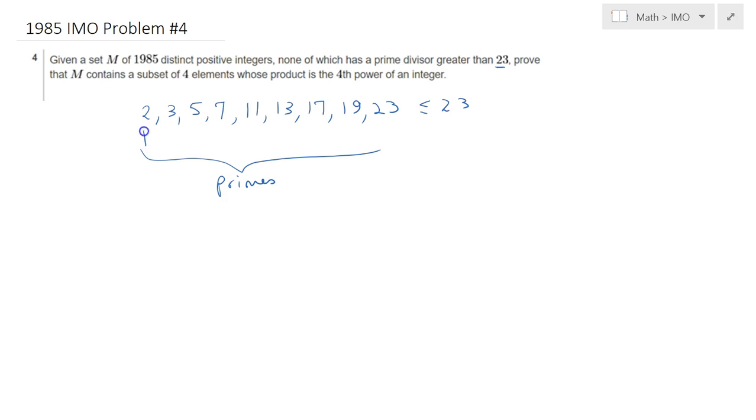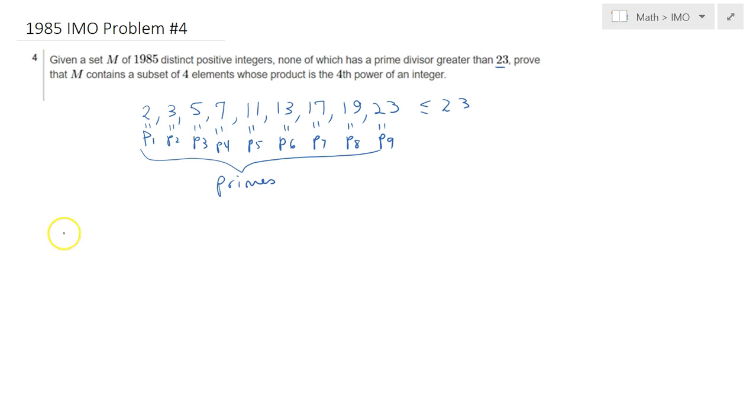In fact, I will just represent them as p sub 1, p sub 2, p sub 3, p sub 4, p sub 5, 6, 7, 8, and 9. So we have in total 9 prime numbers.